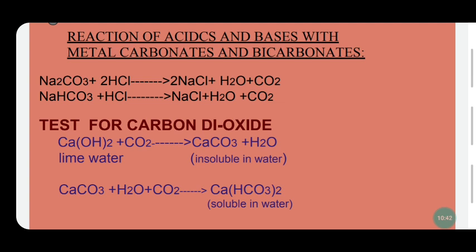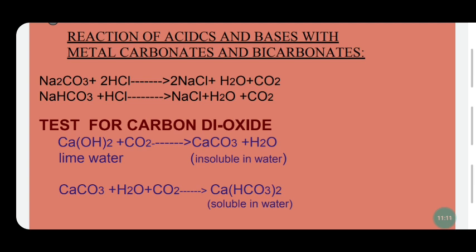Here an acid combines with a base. Products are salt and water. This reaction is called neutralization. Acid plus base gives salt and water as the products. That is the fifth reaction, and it is called neutralization.